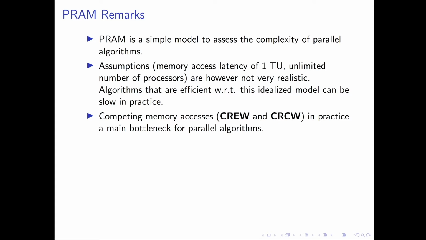When an algorithm is dominated by critical sections, this is really bad, and in the PRAM model those really just manifest as ordinary memory accesses. And that's the tiny remark that our algorithm requires a CREW PRAM and not an EREW PRAM. So it's really important to watch out for those competing memory accesses, and those are what can make programs really slow.